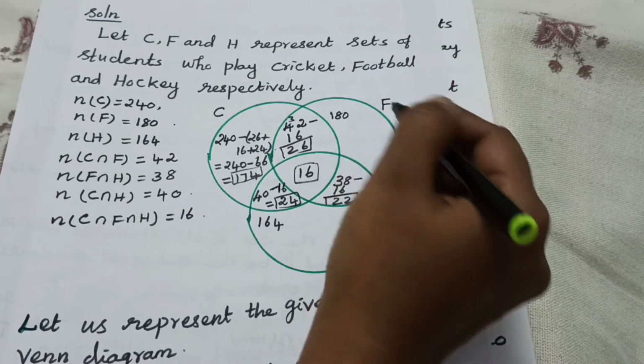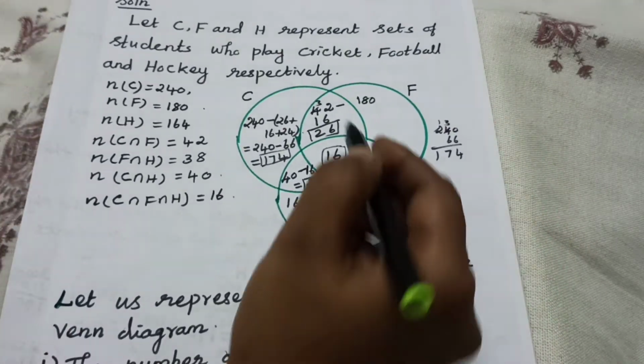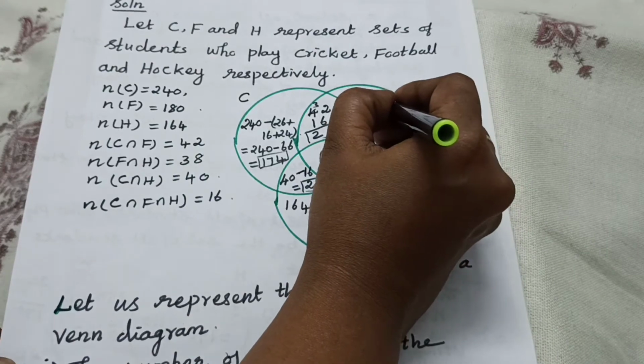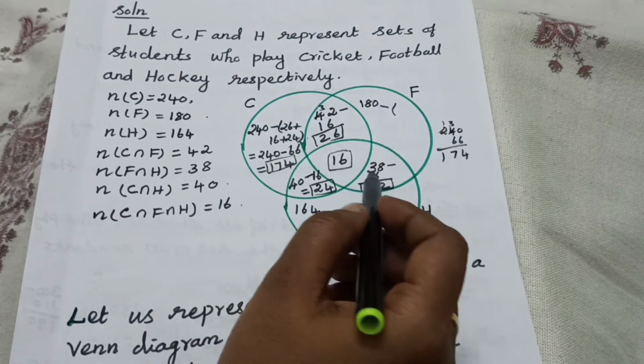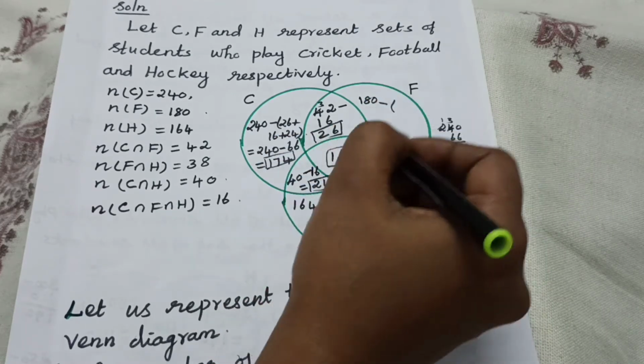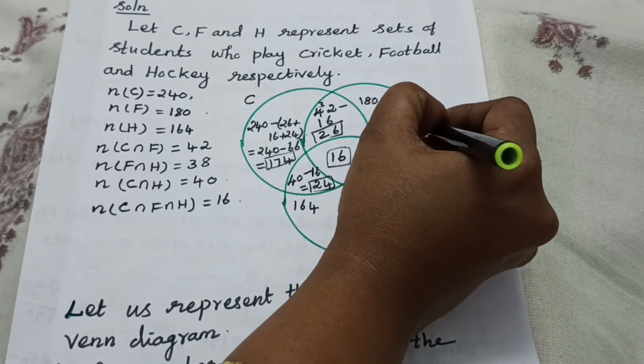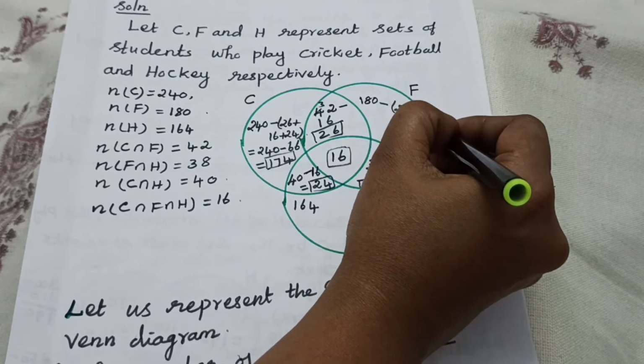Then only football, how can we find? 180 minus these three values, which we have to add: 26 plus 16 plus 22.